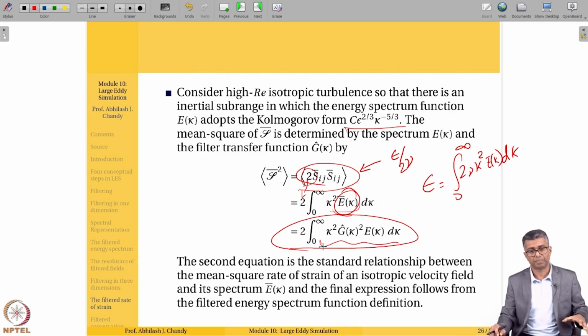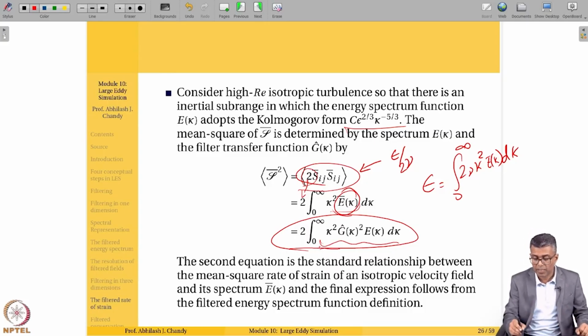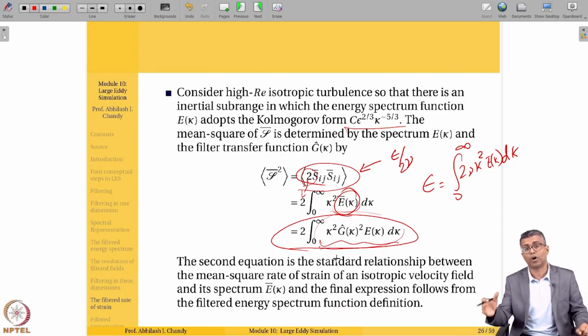On the other hand, I have chosen my cutoff wave number such that it is in the inertial subrange. My cutoff wave number is in the inertial subrange. I saw that through the spectra earlier. So you should be able to agree with me that this is more dominant in and around kappa C, because beyond kappa C it is going to be 0.